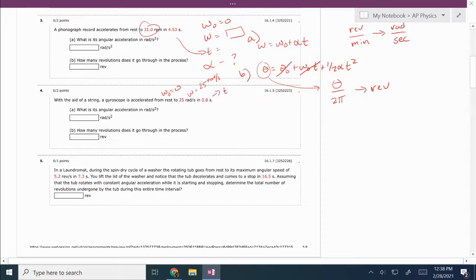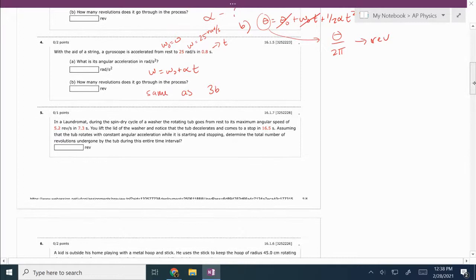You've got your time. What is the angular acceleration? Again, very similar to number 3. I would just go with the Paul equation on that one and solve for alpha. Part B is a very similar process, the same as 3B.